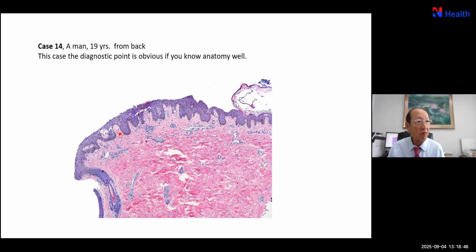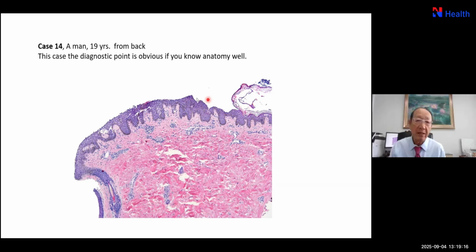In the classical form, pemphigus vulgaris, they will be against the intercellular substance at the lower part, but in some cases from the upper part. And this is called superficial pemphigus or pemphigus foliaceus. There are two forms of superficial pemphigus. One is pemphigus foliaceus, the other one is pemphigus erythematosus.